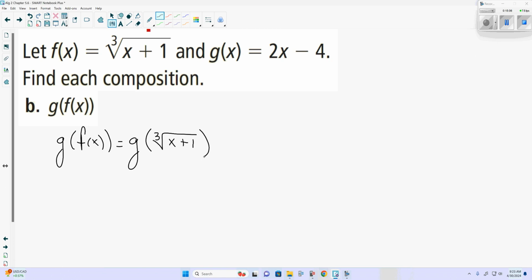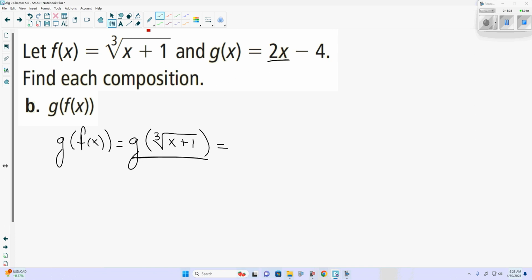Questions on this so far? Now we need to do the same thing with g of x. But instead of g of x, we're now taking g of the cubed root of x plus 1. So every x in g of x is now being replaced with cubed root of x plus 1, yes? So this is the first time we actually have 2x. We've had it squared, but we actually have a number in front of it, yes?